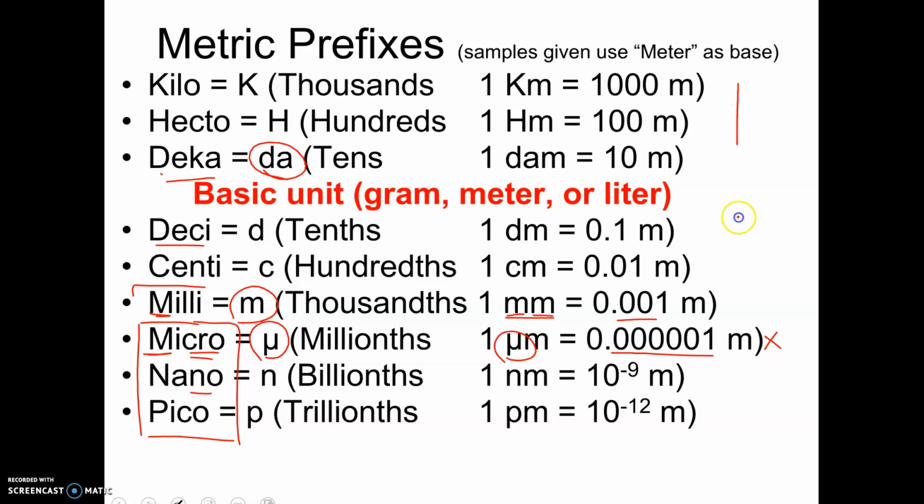So if you think of a gigantic meter stick, one of those big, long meter sticks, one decameter would be 10 of those, 10 meter sticks. A decimeter is only 1/10 of a meter. So it would be 10 centimeters, or basically a third of your meter stick. So that's a difference between them. A deca is much, much bigger, 10 meter sticks.